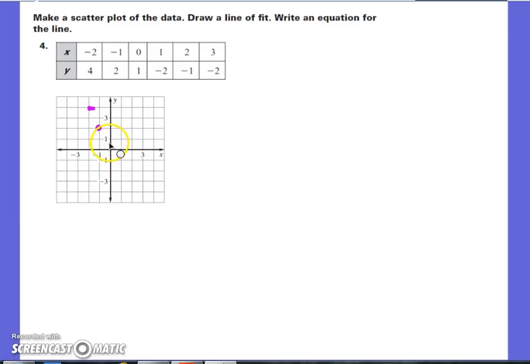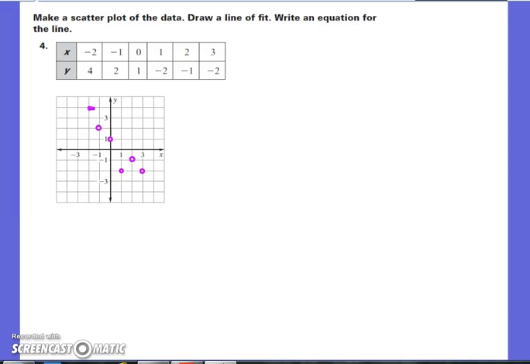And then you go to 0, 1, and you put a dot. And you go to 1, negative 2, so here's 1 down to negative 2, and you put a dot. And then 2, negative 1, and then 3, negative 2.